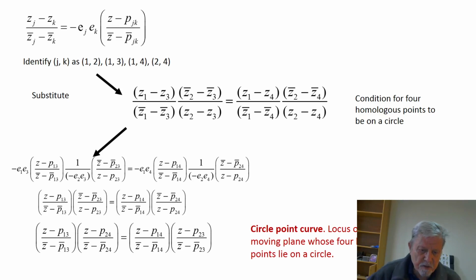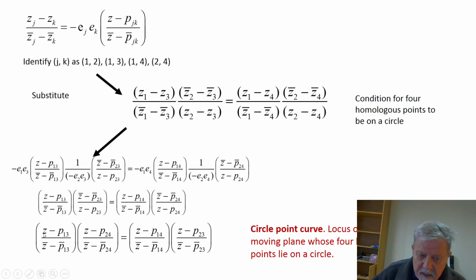You can rearrange terms to obtain (z minus p13) divided by (z bar minus p13 bar), (z minus p24), (z bar minus p24 bar). Notice 1, 3, 2, 4 are complementary poles. (z minus p14) divided by (z bar minus p14 bar) times (z minus p23), (z bar minus p23 bar). Notice 1, 4 and 2, 3 are complementary poles.